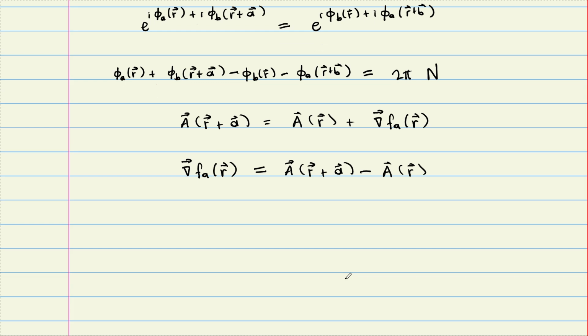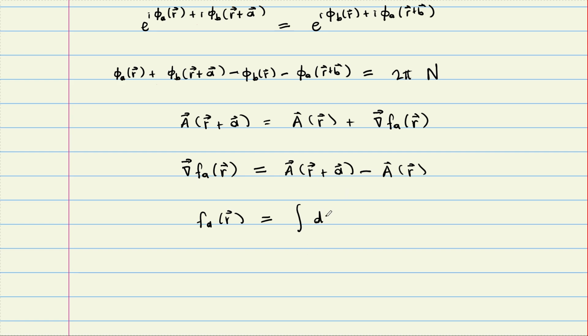And I can then integrate both sides. I can write f_a of r is equal to, if I take out a derivative here, I need to take out a derivative here, and taking out a derivative is like an integral.